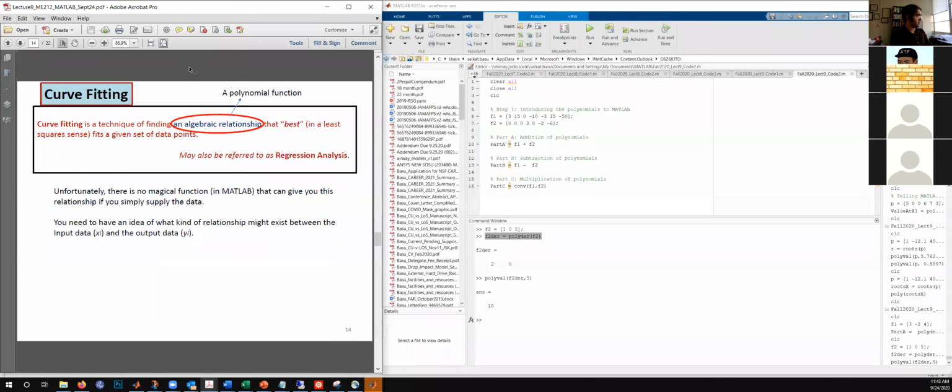Now for curve fitting, it's also dealing with polynomials, but now you are basically trying to figure out, supposedly you have a number of data points, a number of xy coordinates on the xy plane, and you are trying to figure out what is the best possible curve to pass through all those points.